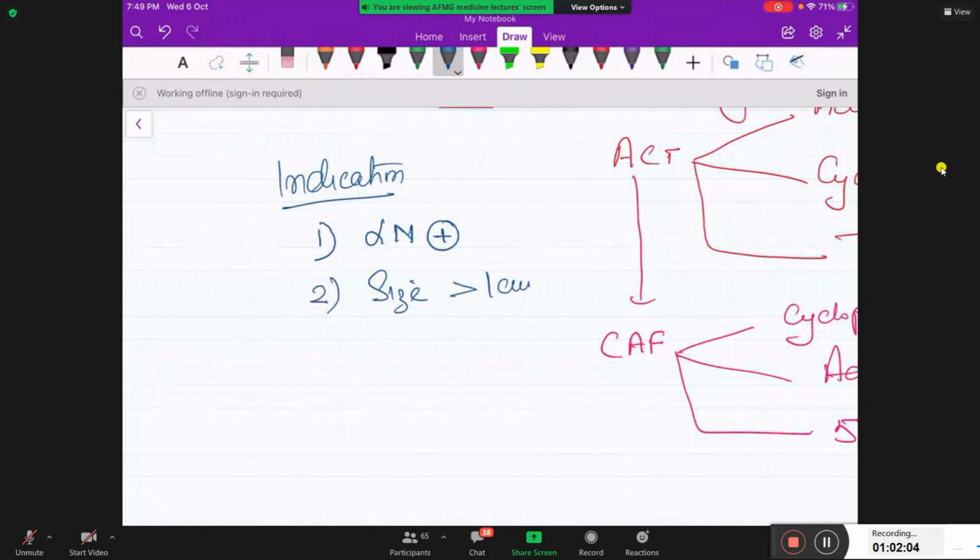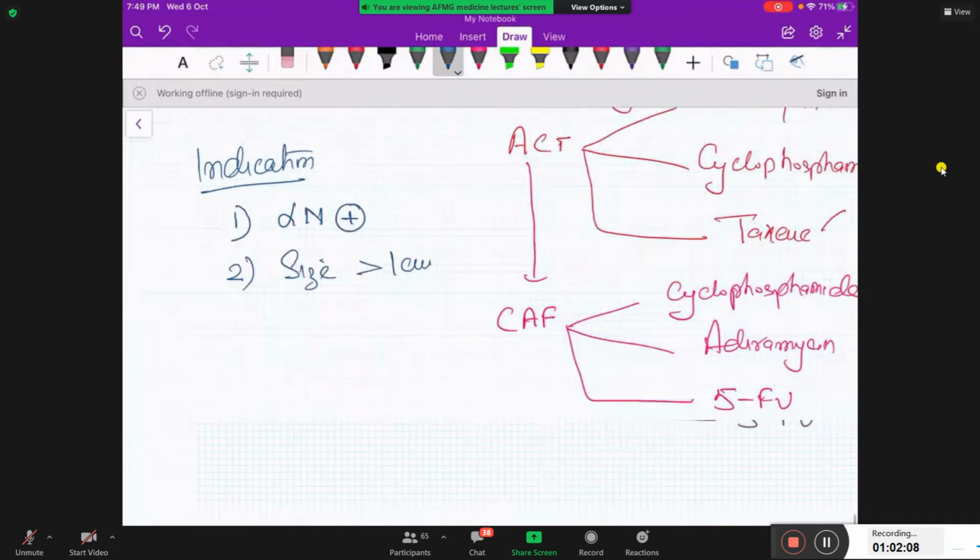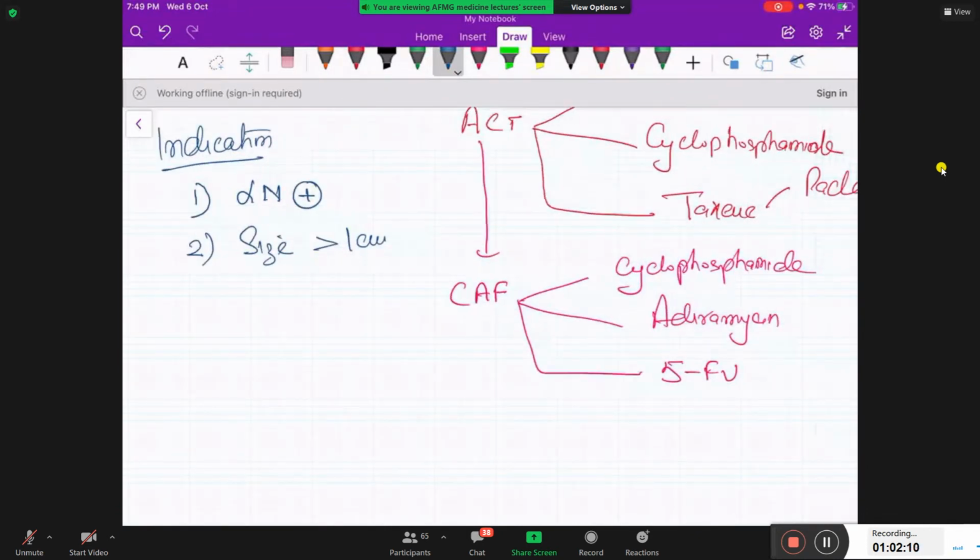Then comes radiotherapy. Now, एक basic point है which you should know. Whenever we give chemotherapy, चemotherapy कैसे देते?